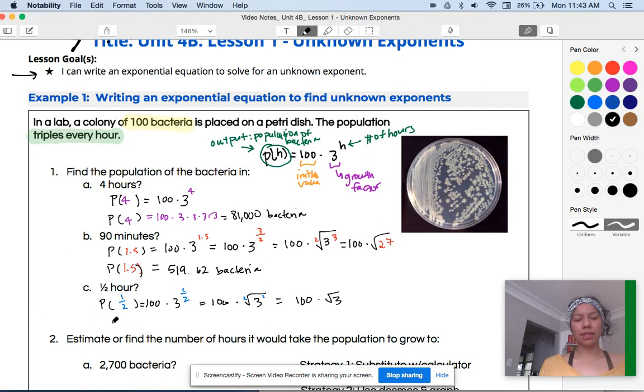Again, any of these expressions will give you the same answer. When our input is 1/2, our final answer is going to be 173.21 bacteria.